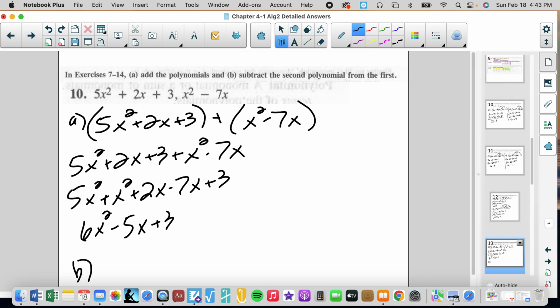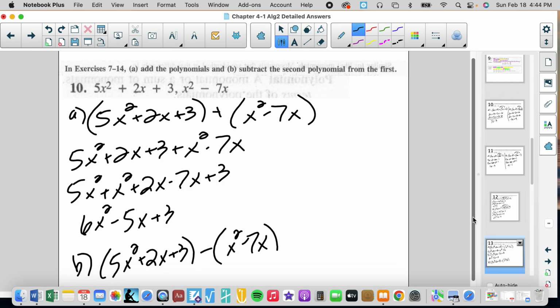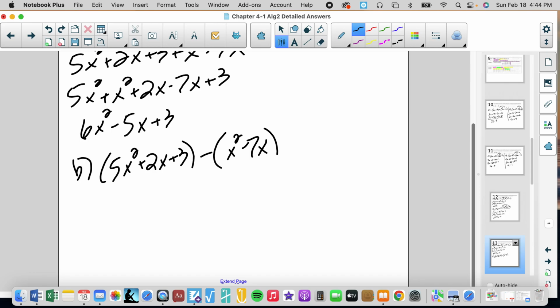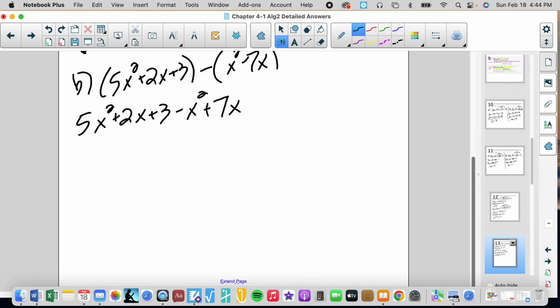Part B is to subtract those two polynomials, 5x squared plus 2x plus 3 minus x squared minus 7x. Always good to write out. Don't feel like you have to skip steps. I'm moving at a pretty fast pace, and writing this work out to ensure accuracy isn't the worst thing.